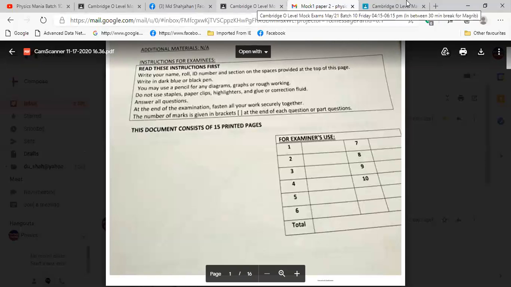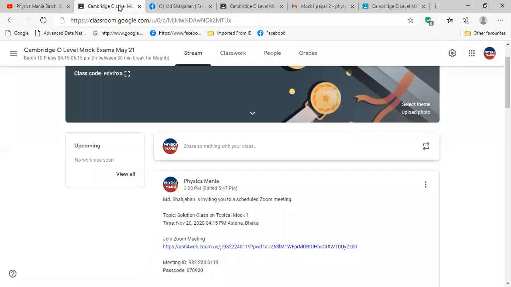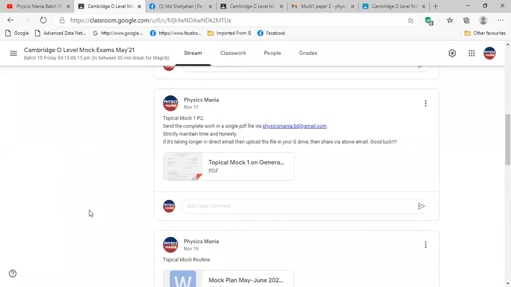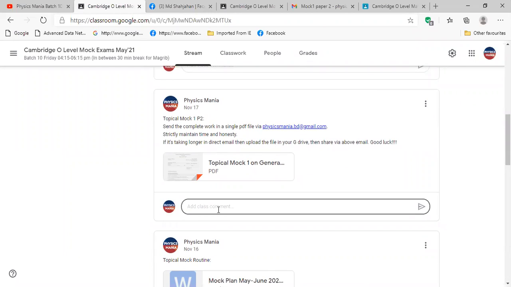58 out of 75. So we are writing it also here in our Google Classroom. Topical, 58, divided, mock P2 score of IFAS. How much is it?